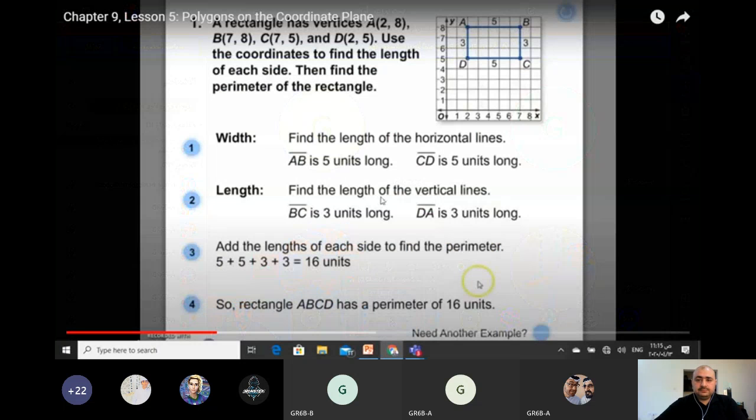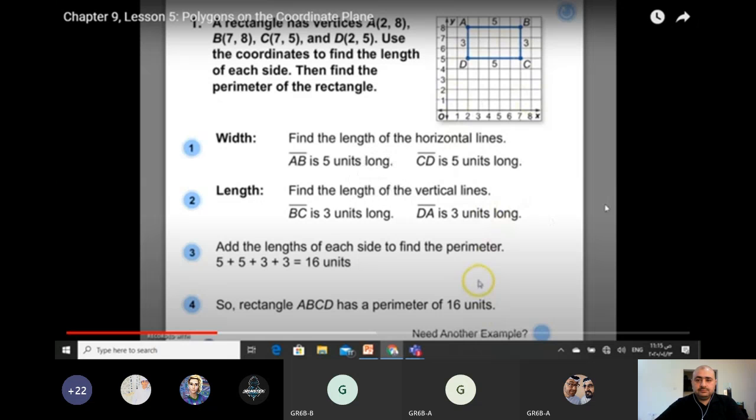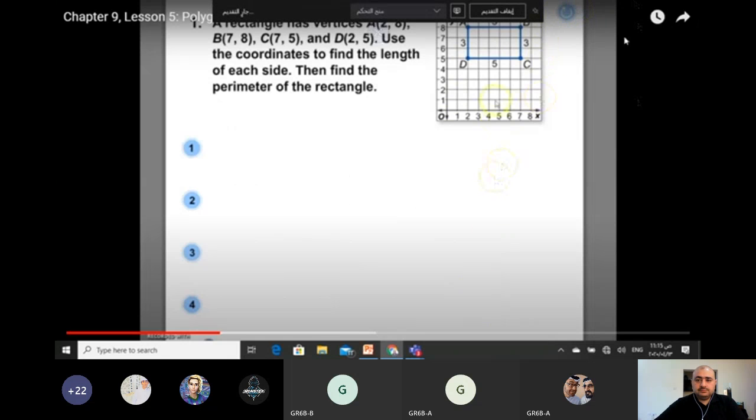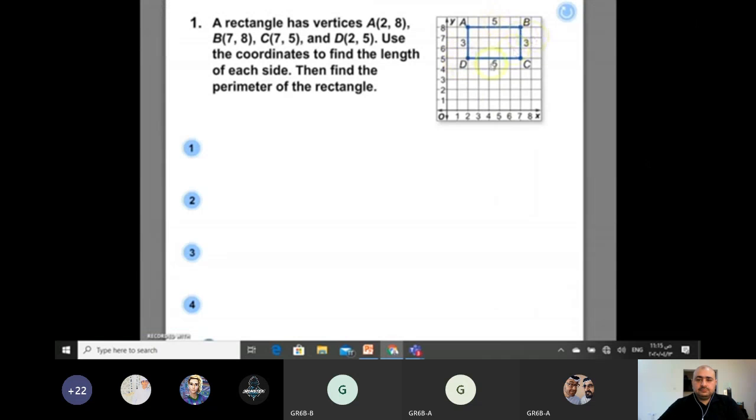To summarize, plot your points, figure out what the lengths are, and then add up all the lengths to find your perimeter. And there is our 16.